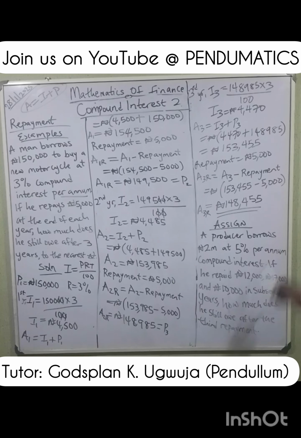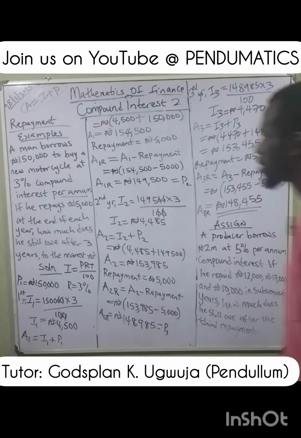If he repaid 12,000, 17,000, and 10,000 in subsequent years, what does this mean? 12,000 is the first year repayment, 17,000 is the second year repayment, 10,000 is the third year repayment. In subsequent years, so first, second, third, how much does he still owe after the third repayment? So we calculate it for 3 years, similar to what we've done. You can do it.